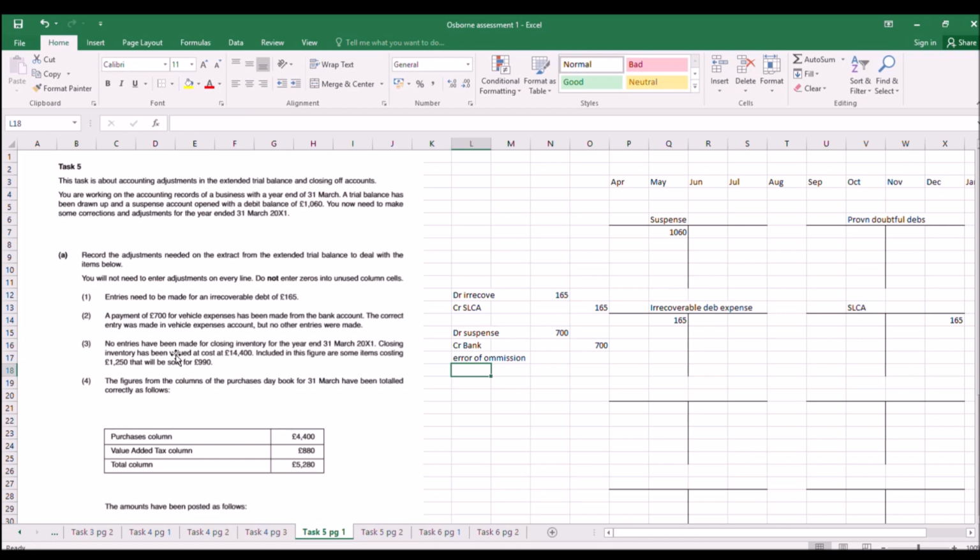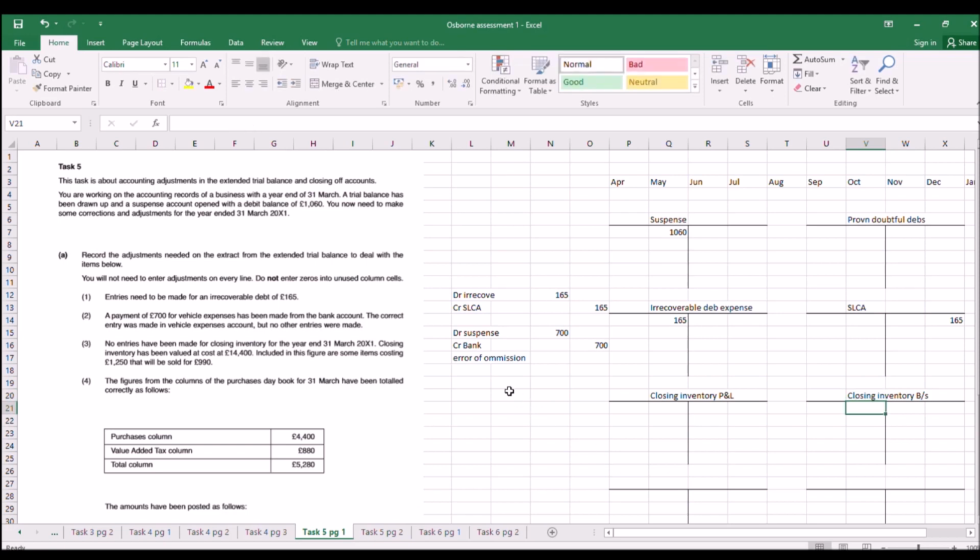Right, no entries have been made for closing inventory for the year end 31st of March. So our closing stock. Right, okay. Closing inventory. Statement of financial position. Actually, what I'm going to do is I'm going to do P&L. P&L. I'm going to do closing inventory, balance sheet.